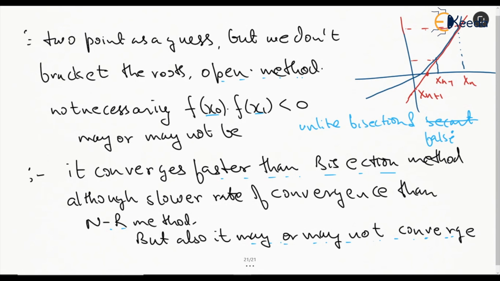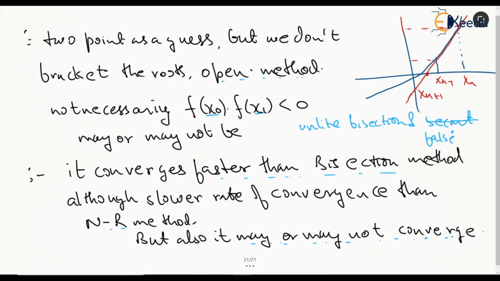It is not unlike bisection and second; it was written by mistake. It is actually unlike bisection and false position methods, because bisection and false position are bracketing methods, whereas Newton-Raphson and this second method are open methods, right? So there is a small correction. You may correct it in the back slides.